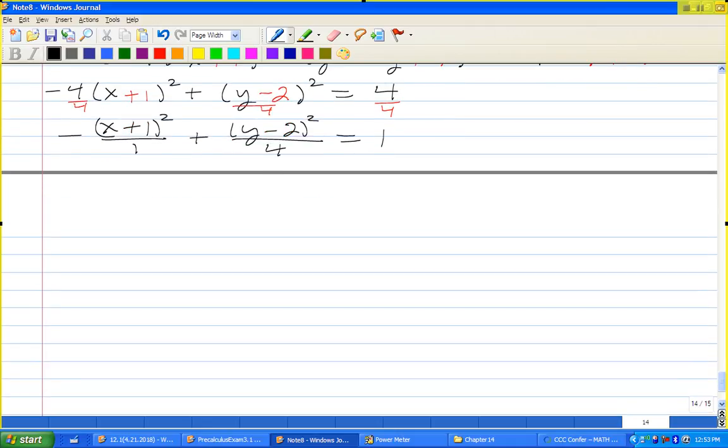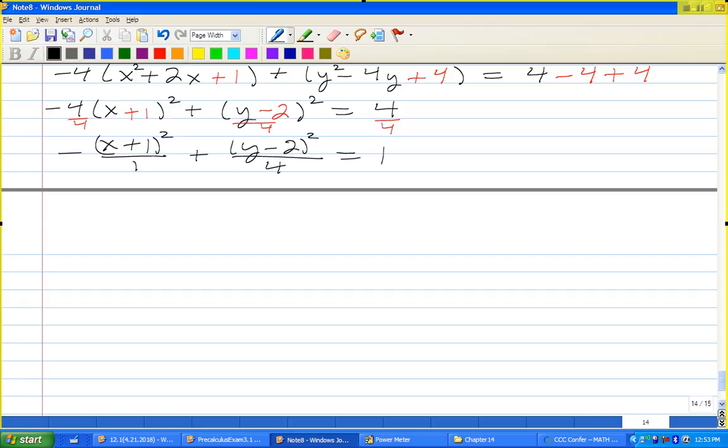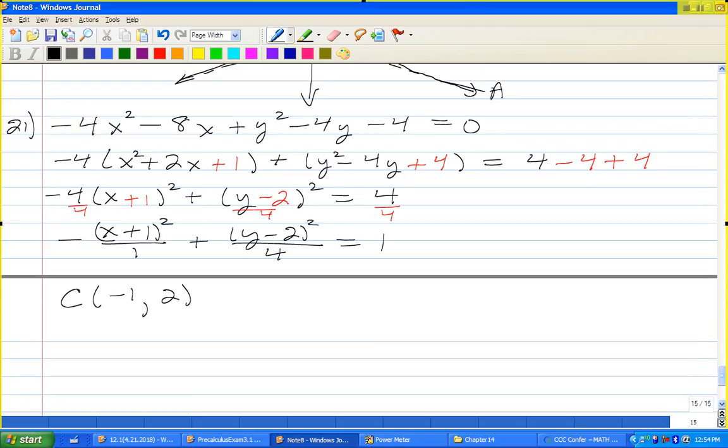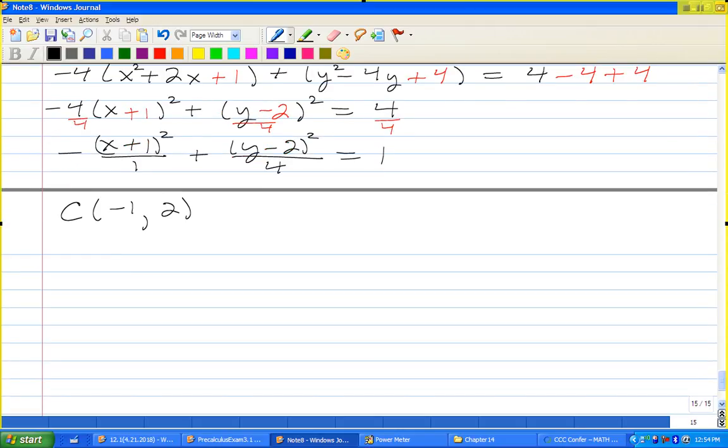Okay, so the center is at negative 1, 2. A is equal to 1.